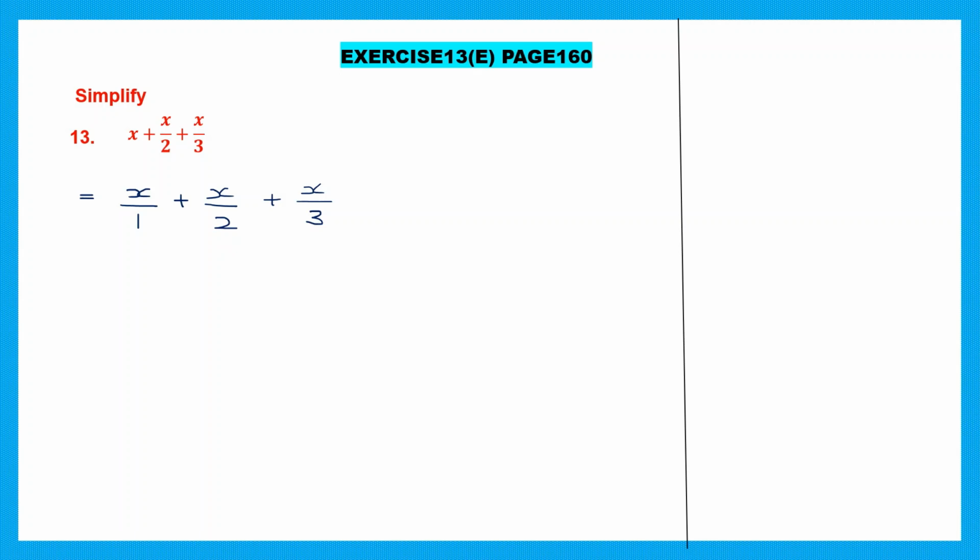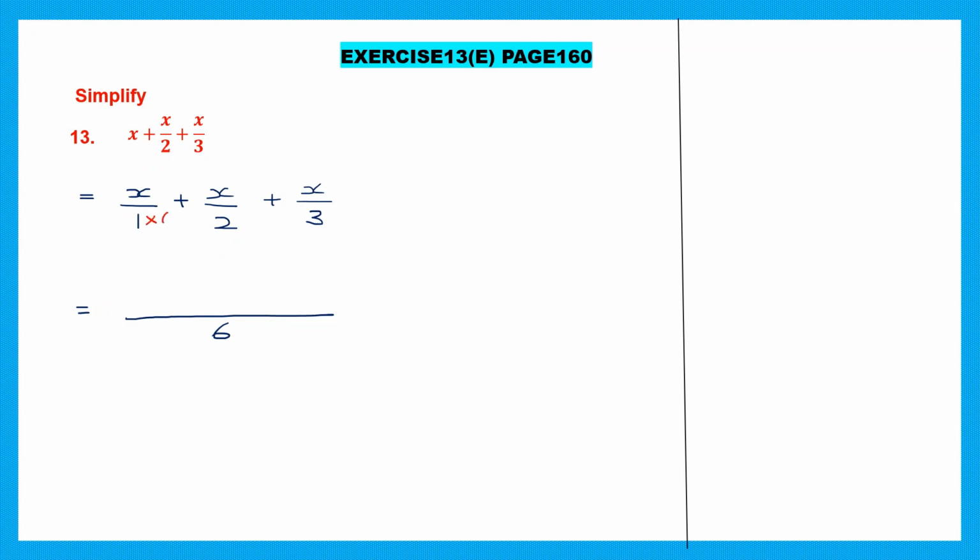We have to find the LCM, and since we have 1, 2 and 3 as the denominators, we need to take the LCM of 2 and 3, and both 2 and 3 are prime numbers. So the LCM will be a product of these. 2 into 3 is 6. So the prime numbers 2 and 3, the product will give you the LCM. So the LCM is 6. We're going to use that and continue.